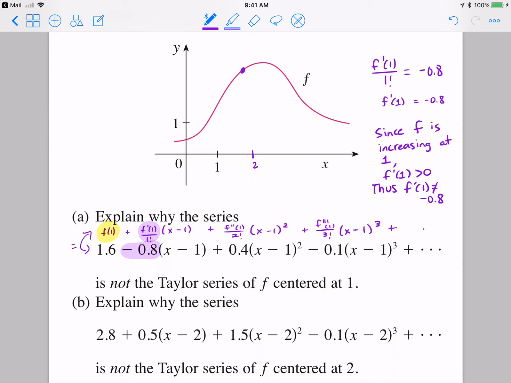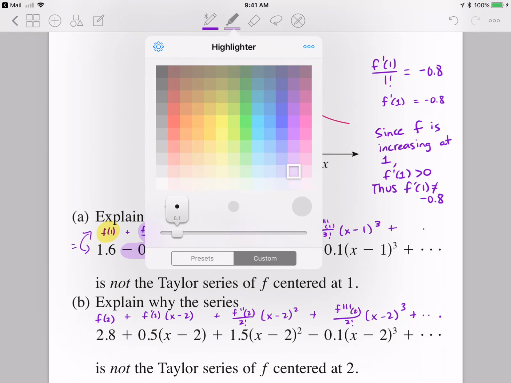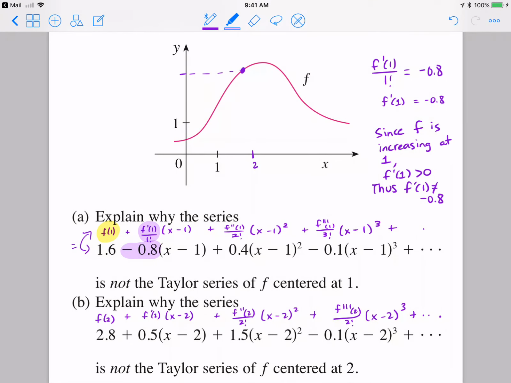Now if this is the Taylor series of f centered at 2, then here we've got f of 2 plus f prime of 2 times (x minus 2) plus f double prime of 2 over 2 factorial times (x minus 2) squared plus f triple prime of 2 over 3 factorial times (x minus 2) cubed plus dot dot dot. So let's do exactly what we did before, and let's try to match up the coefficients.